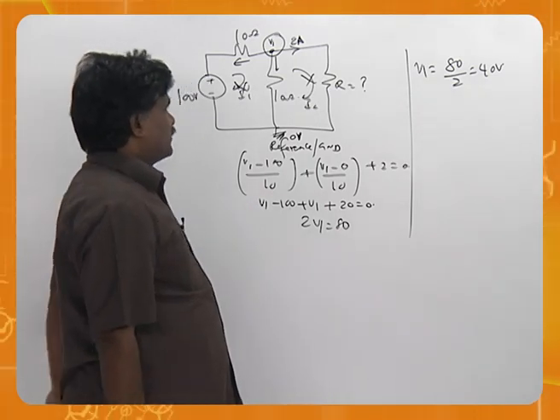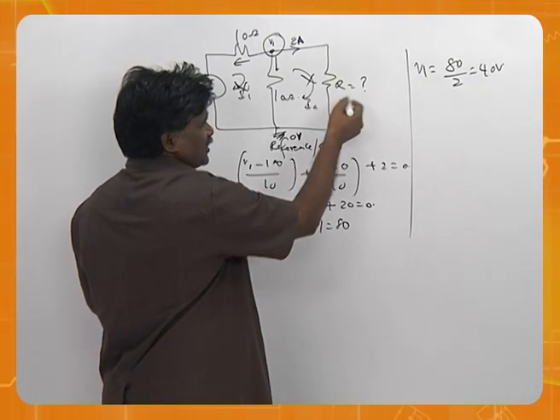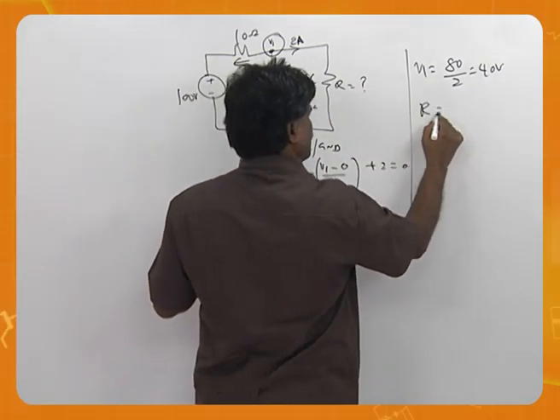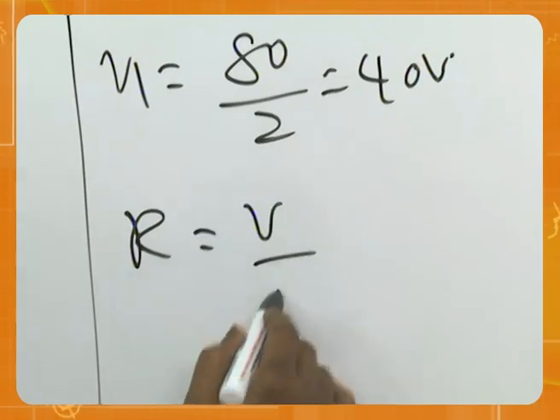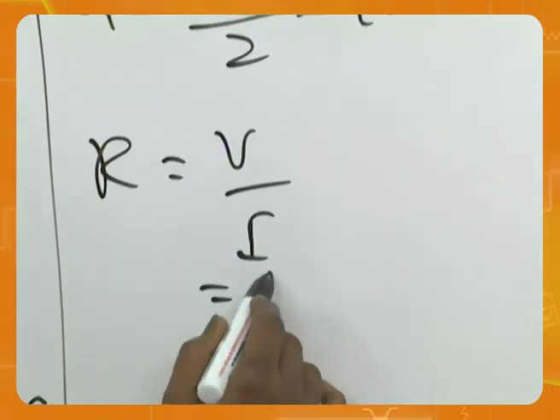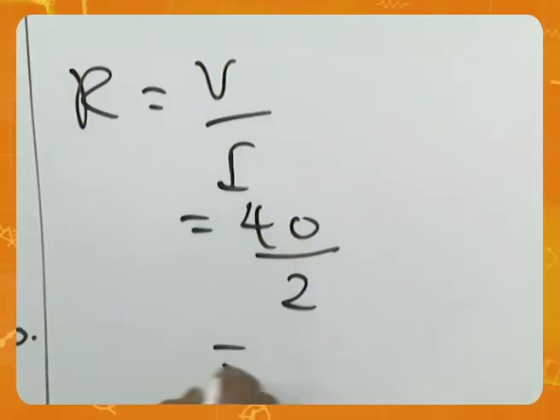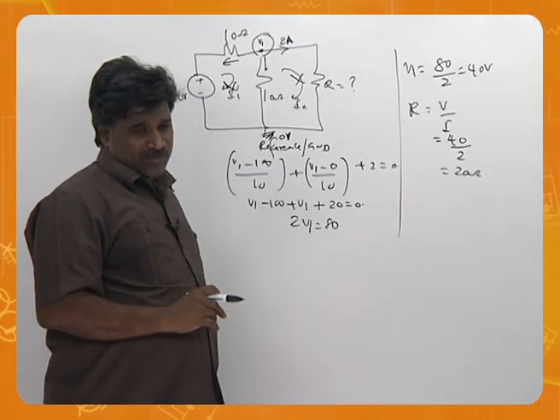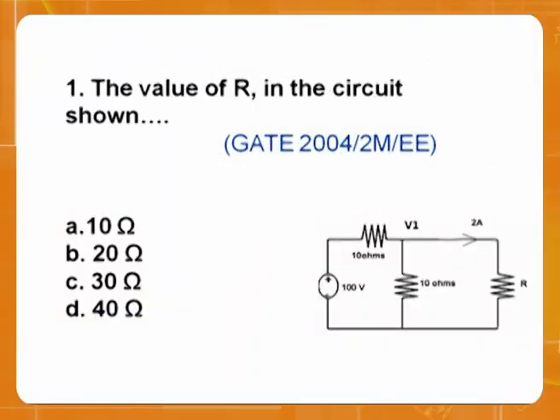If that is 40, what is the value of the resistor here? The value of the resistor here is voltage by current. Therefore, 40 by 2 is 20. If you come to the options, you can easily see B is the option that you have.